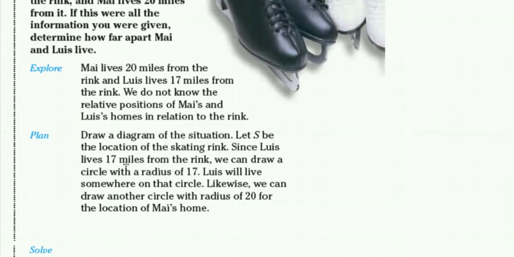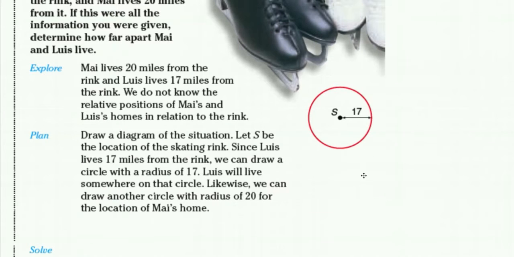Since Luis lives 17 miles from the rink, we can draw a circle with a radius of 17. Luis will live somewhere on that circle. Likewise, we can draw another circle with a radius of 20 for the location of Maya's home. Okay, so these are the circles we can draw. That would be Luis's location, 17 miles radius around the rink.